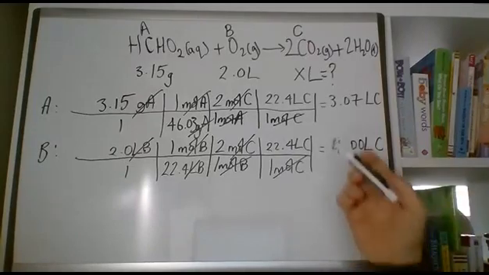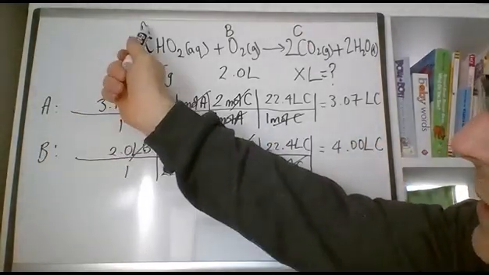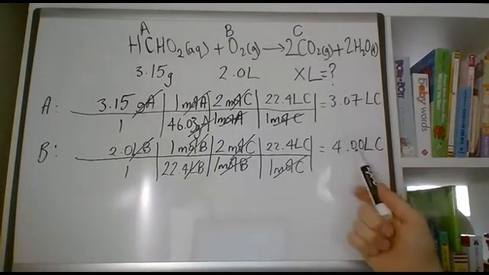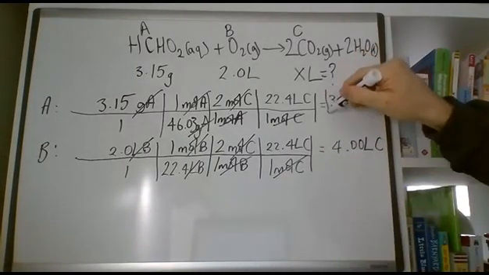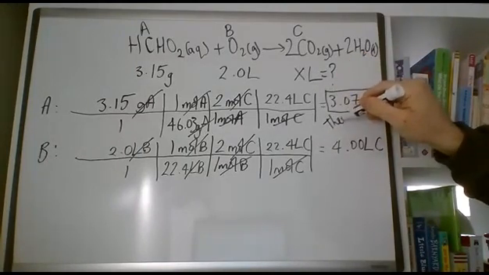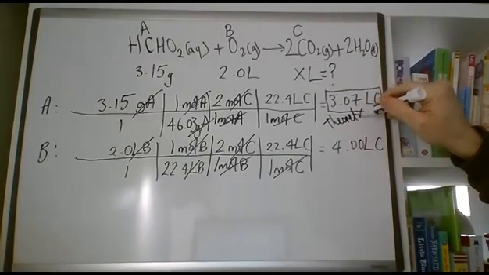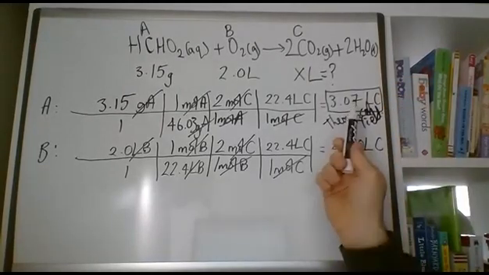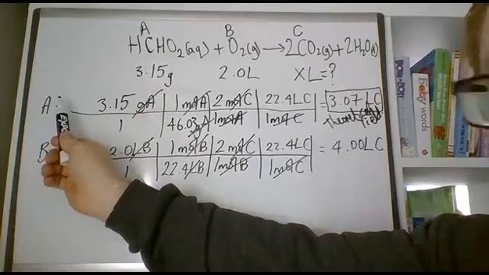So as you can see, chemical A gave me a smaller product than B. So chemical A produced the theoretical yield, and that came from the limiting reagent.